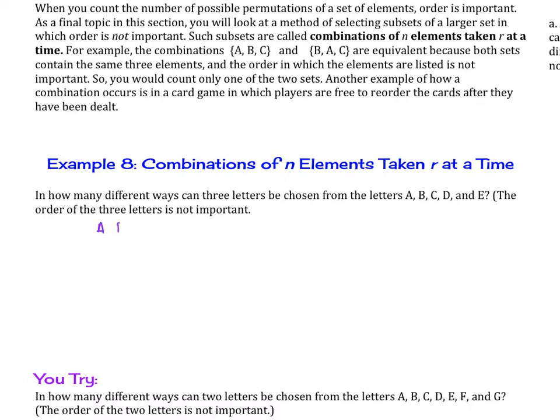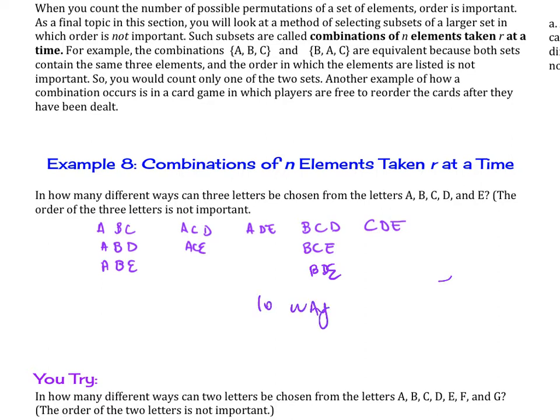We can have A, B, C; A, B, D; A, B, E; A, C, D; A, C, E; A, D, E; B, C, D; B, C, E; C, D, E; and one more, B, D, E as well. So we have 10 different ways that the letters can be chosen.